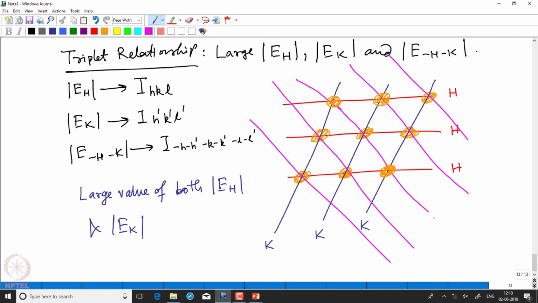The Miller indices of these planes are nothing but minus H minus K. So from this observation of the values of EH and EK, one can also conclude that the value of E minus H minus K, that is the diffraction from those set of purple colored planes, will also be high or large.